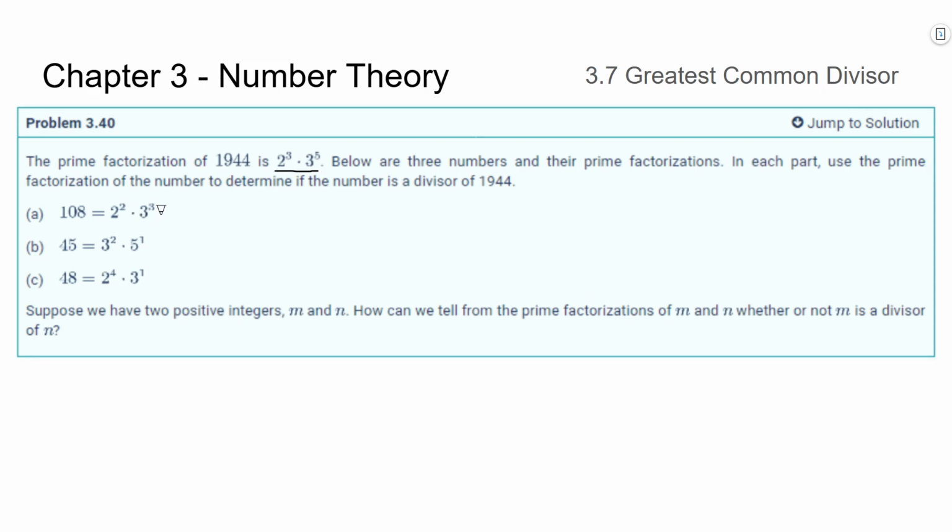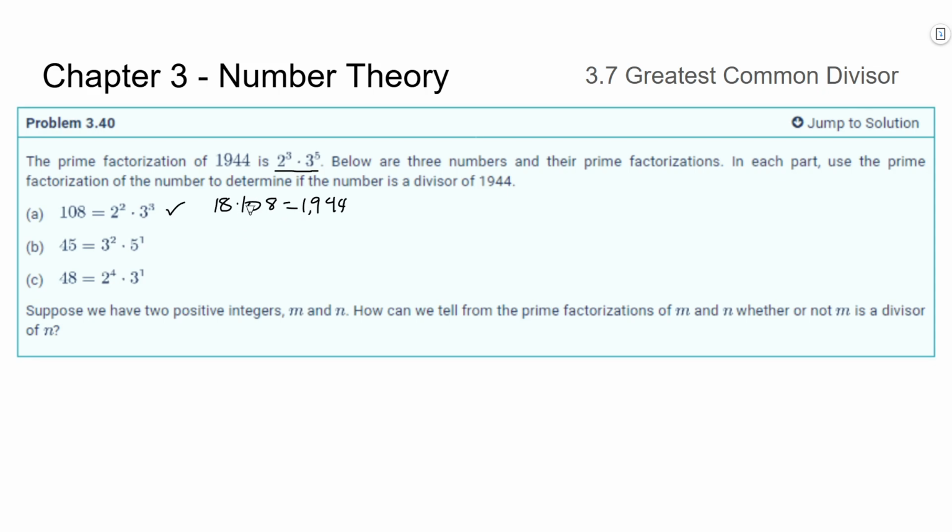So it looks like this is indeed a multiple or a divisor of 1944. And if we were to do some division, we would find out that 18 times 108 would give us 1944.